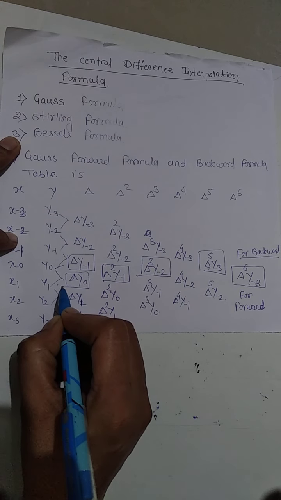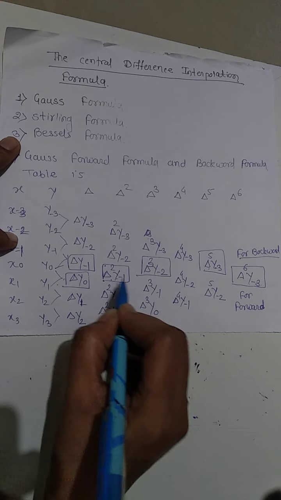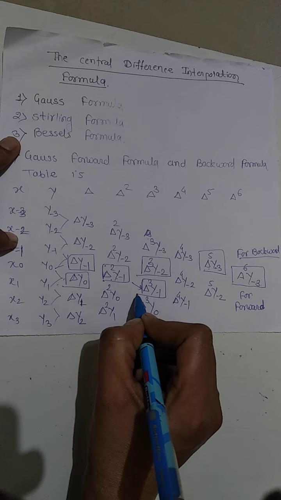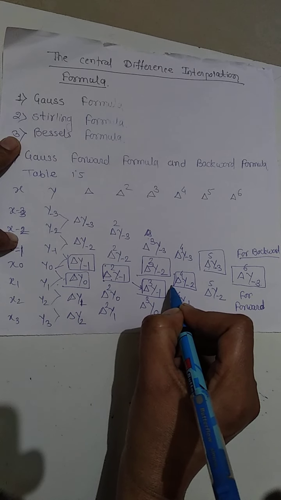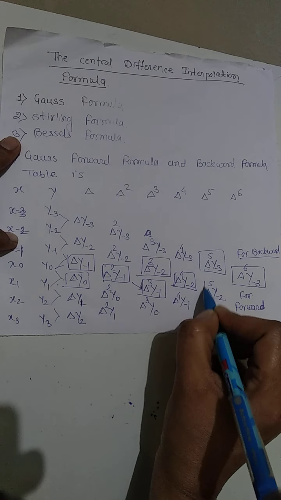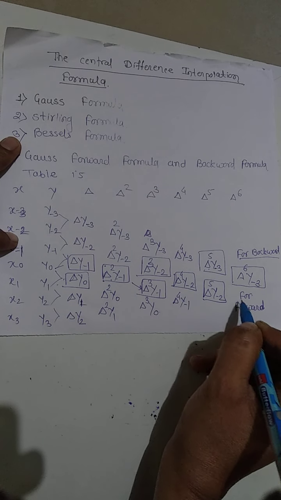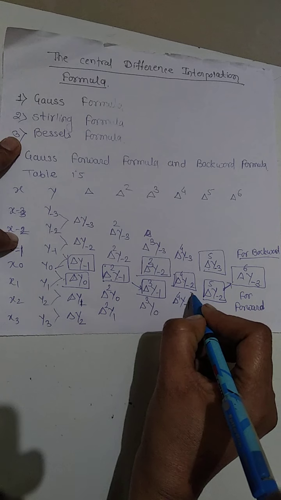And del y0, del square y1, then this del cube y minus 1, del raised to the power 4 y minus 2, del raised to the power 5 y minus 2, and this is the forward operator.